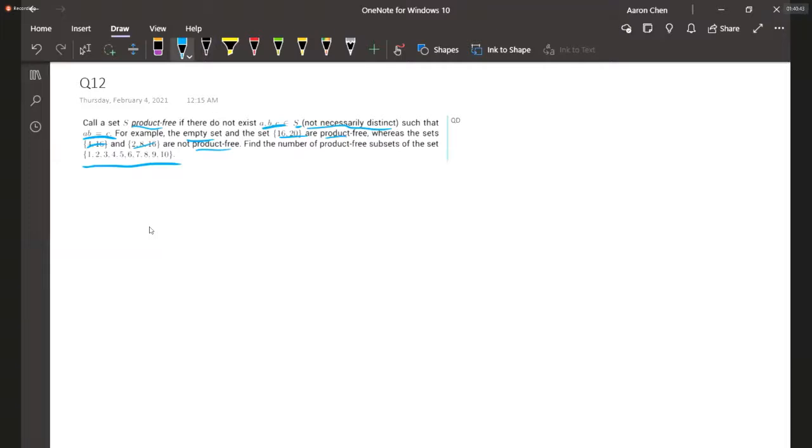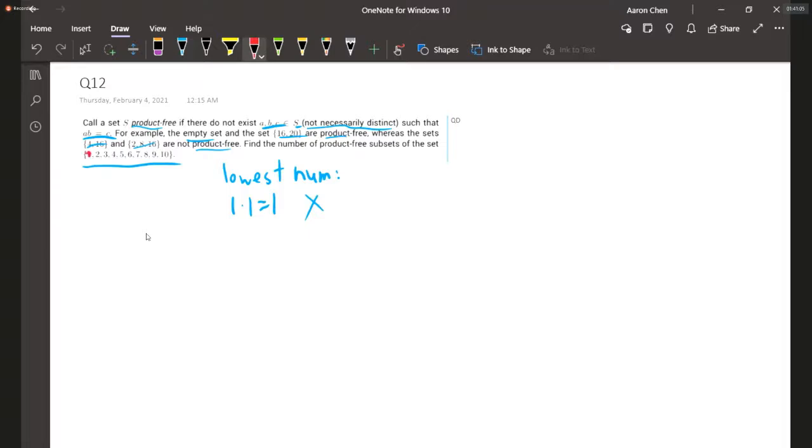So we can do some casework based off of the smallest number. If the smallest number is 1, you have that 1 times 1 is equal to 1, and this clearly does not work.